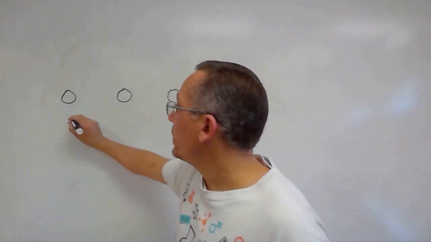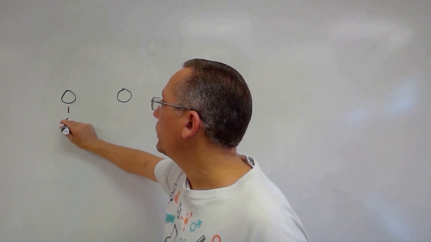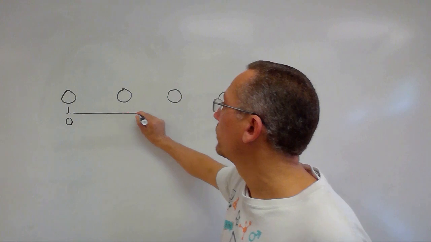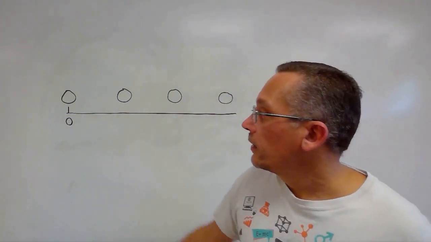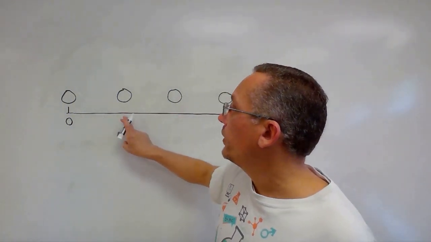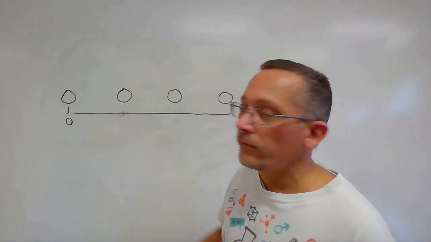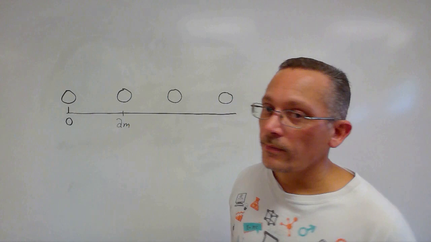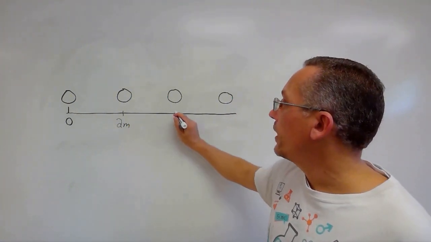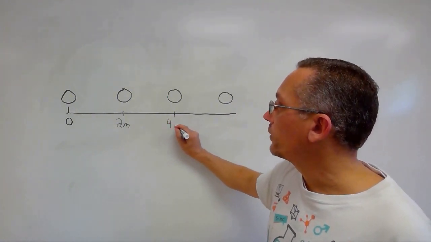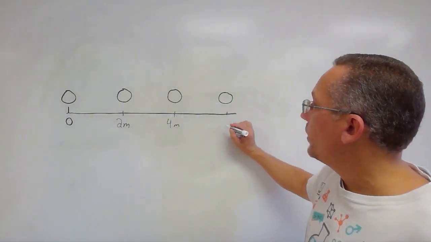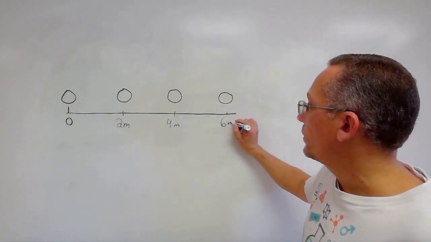So here is 0, and maybe here it's gone 2 meters. A little bit later, here it's at 4 meters. And later on, over here, maybe it's at 6 meters.